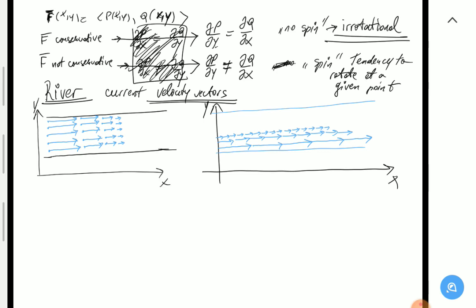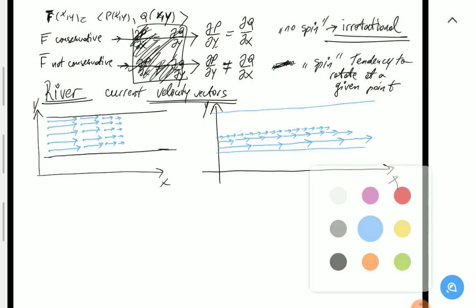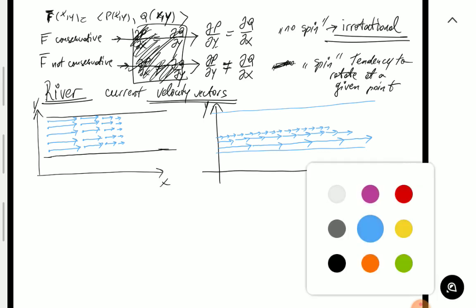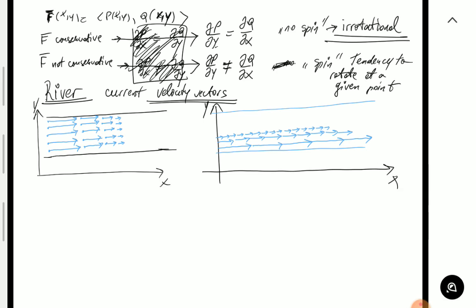Okay, so what about that tendency to spin that I was talking about? Well, in the first case, let's say actually a possible representation of this vector field. Again, overly simplified. So what could be the components of such a vector field in the first case?